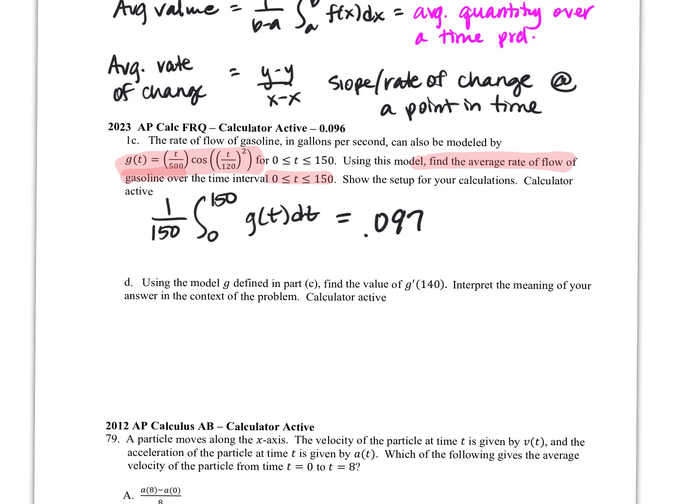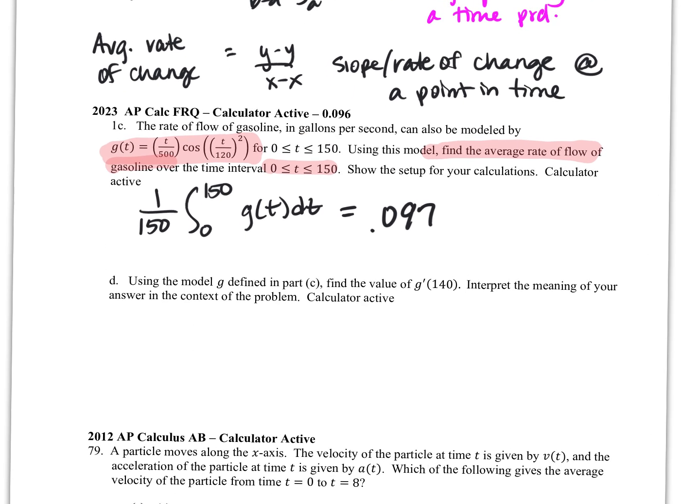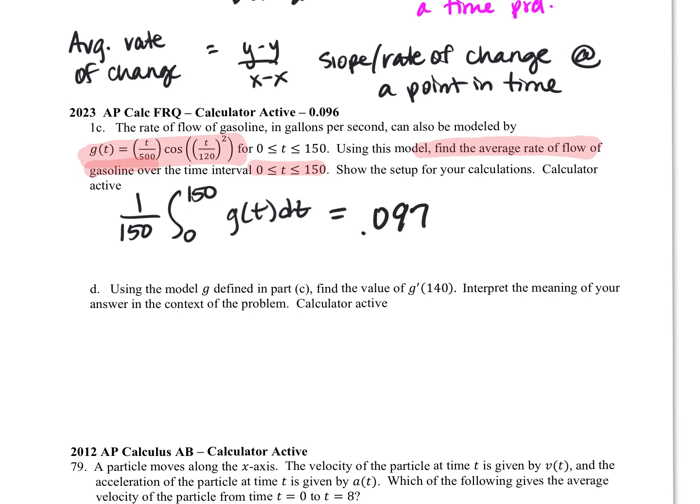What's going to be G prime? Yeah. Okay. So if this is G, we need to find its derivative. So this is going back to unit 3. If here's G, how do I find G prime? We need to get the derivative. Got to get the derivative at what x value? 140.